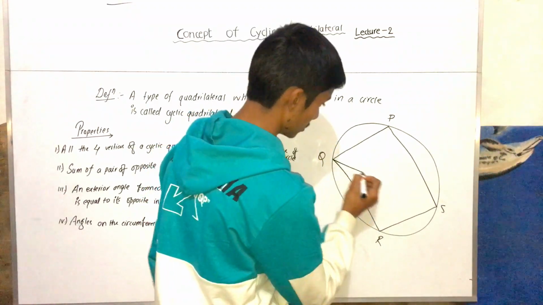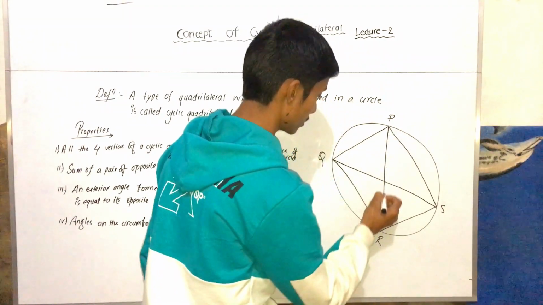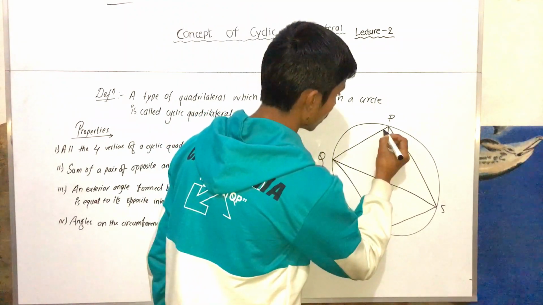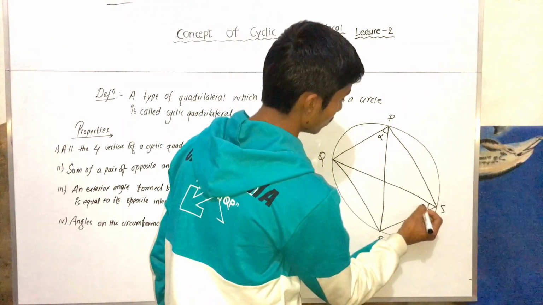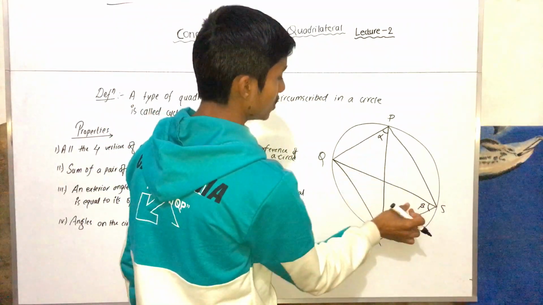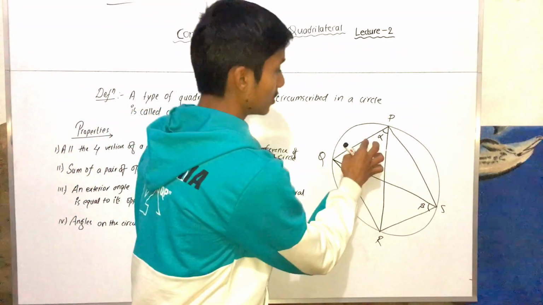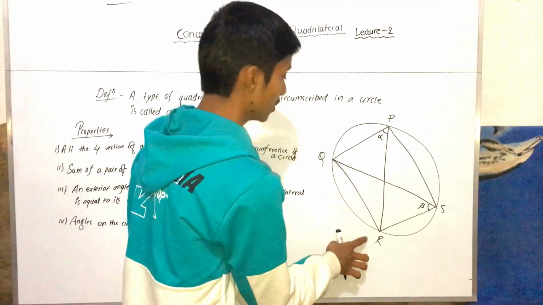Then if you join this and this, they form angle alpha and angle beta. This angle alpha is equal to angle beta because these are angles on the circumference standing on the same arc QR.